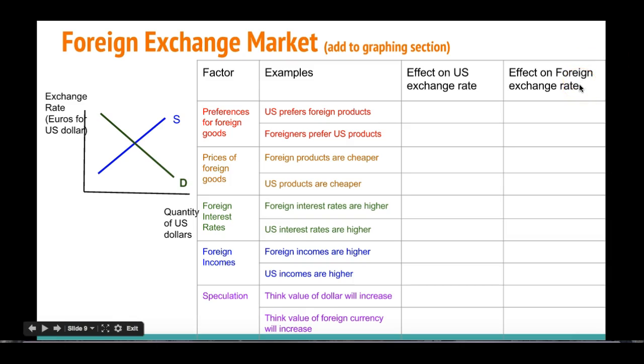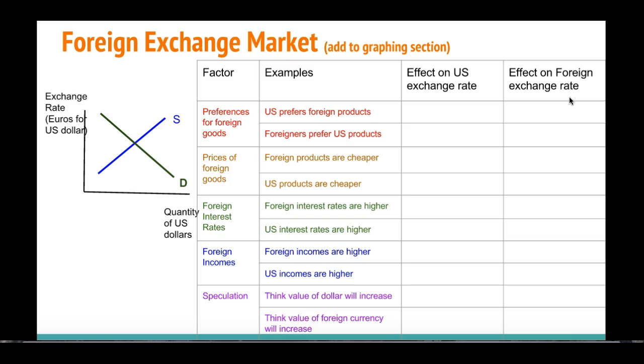So let's go through an example to understand what I'm talking about here. The first factor is the preference for foreign goods. So let's say, for example, the U.S. prefers foreign products. Let's skip the U.S. exchange rate for a minute and talk about the foreign exchange rate. Let's say we're talking about Britain.